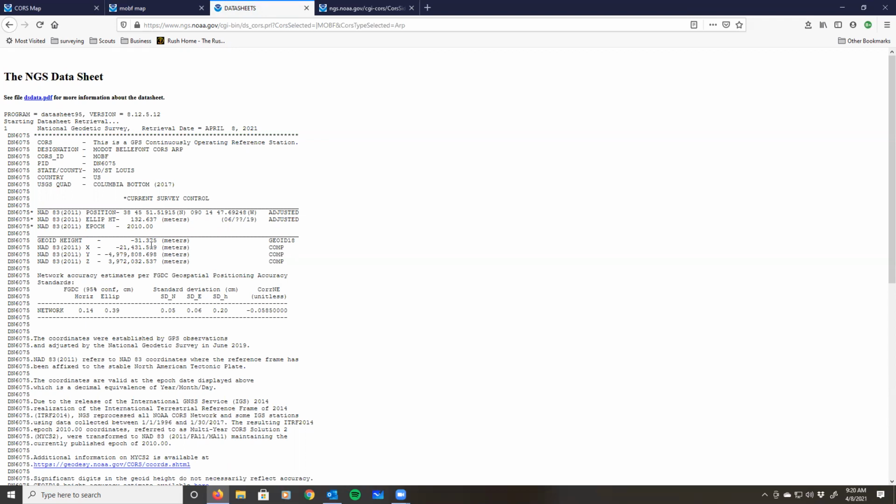The geoid height is negative 31.375 meters.